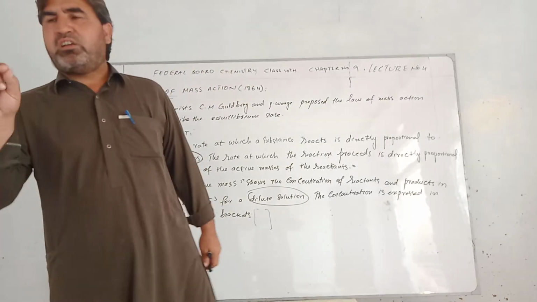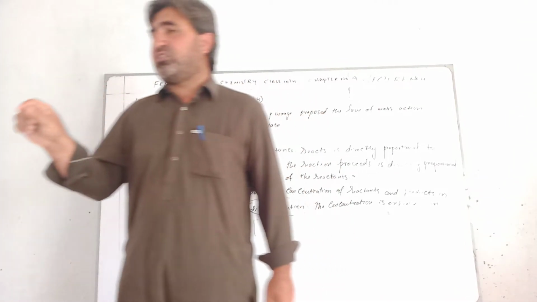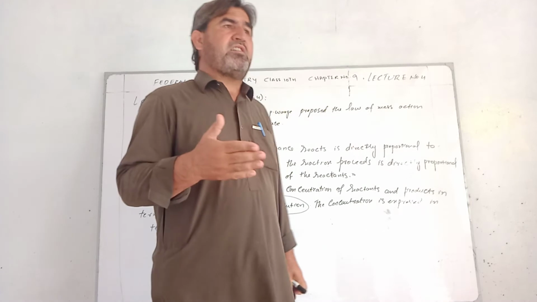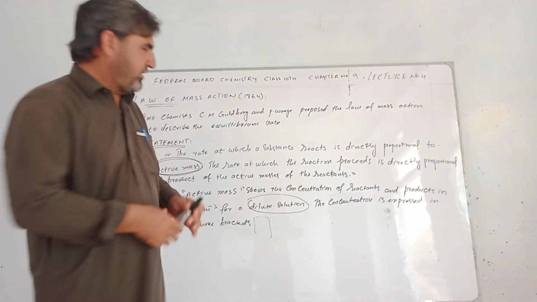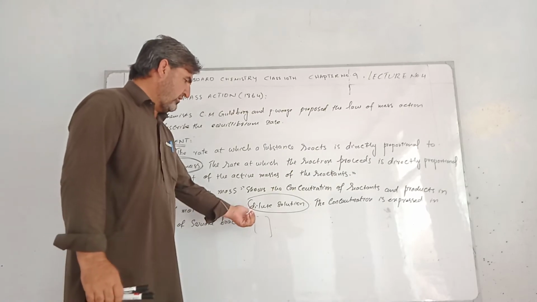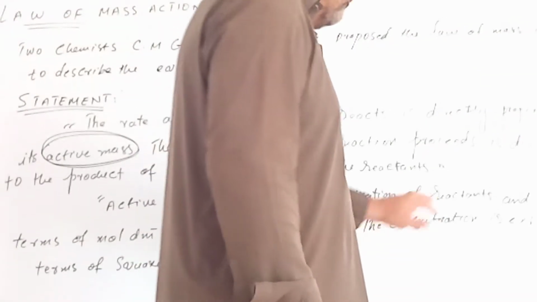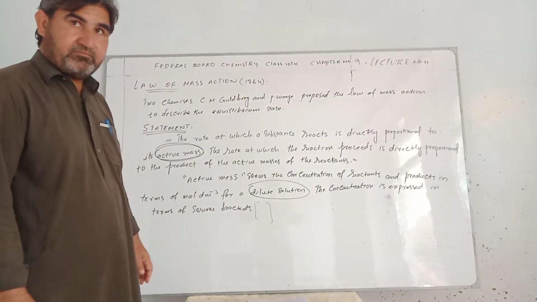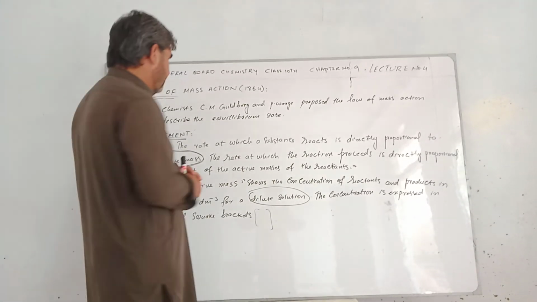The solution in which the concentration of water, or we can also say the concentration of solvent, is more than the concentration of solute is known as a dilute solution. Now, the concentration is expressed in terms of square brackets.